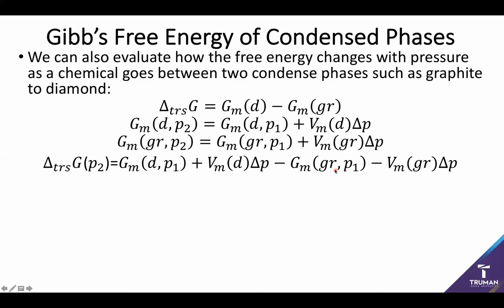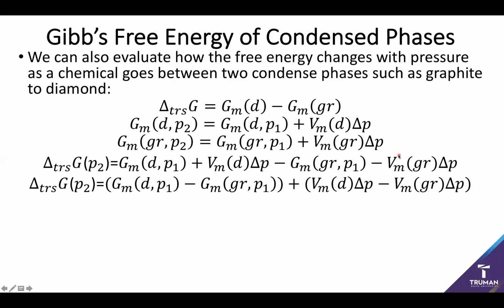We can then isolate our Gibbs free energy components and our molar volume components. So our new Gibbs free energy of transition is equal to our old Gibbs energy of transition plus the change in molar volume of the transition, going from graphite to diamond, times this change in pressure.